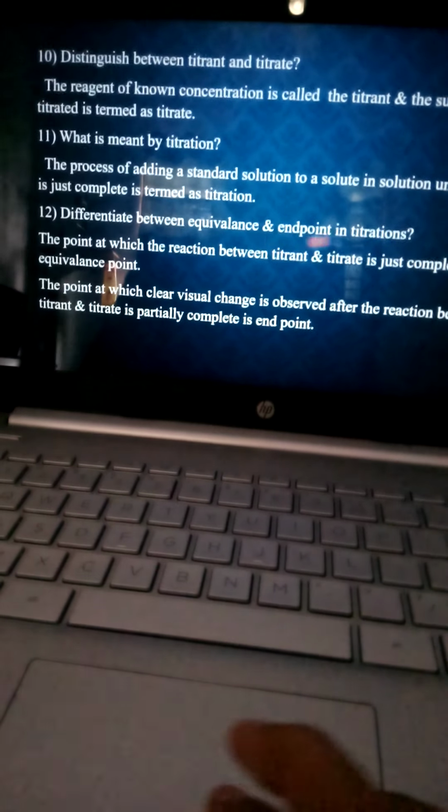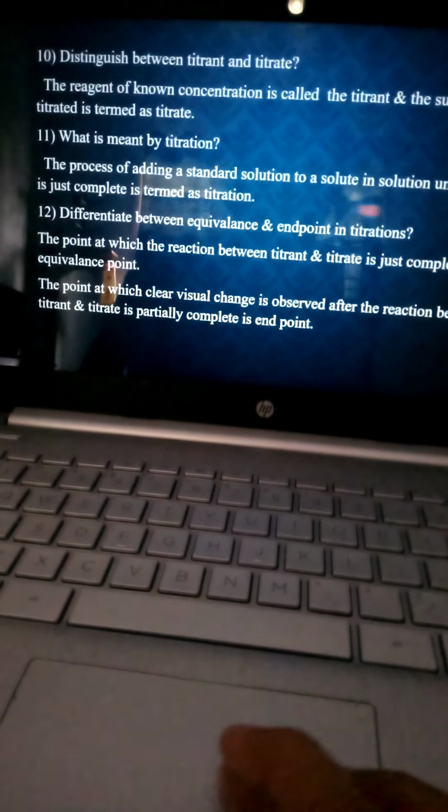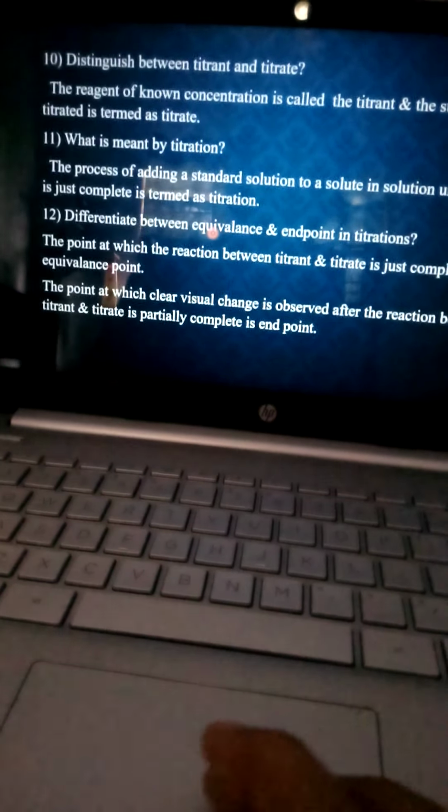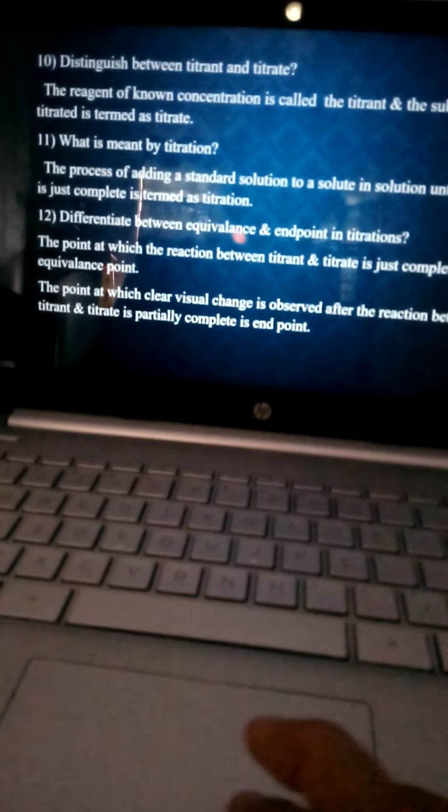Next, what is the difference between the equivalence point and the end point in titrations? The point at which the reaction between the titrant and titrate is just complete is called the equivalence point.